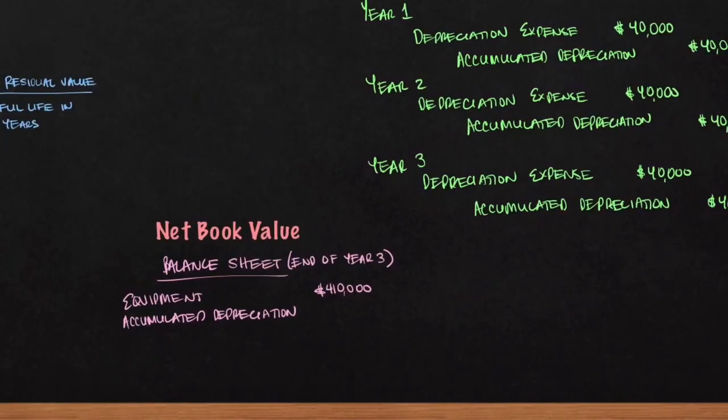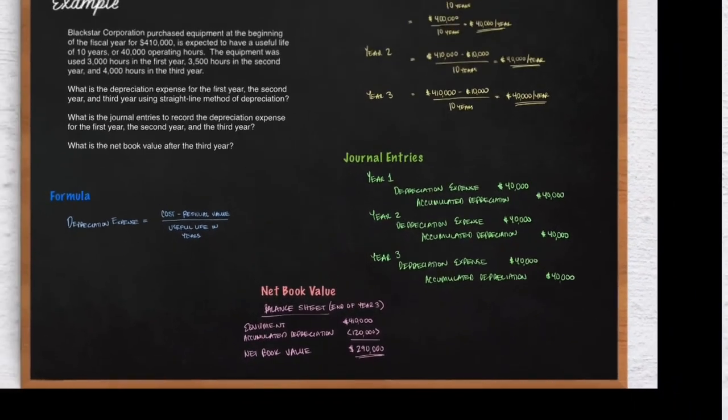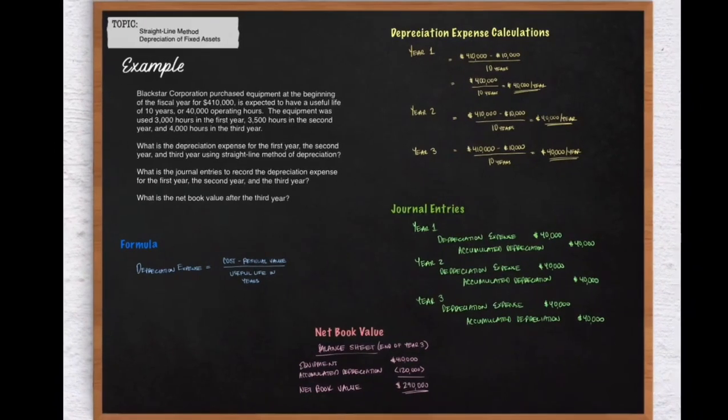In this case, it's going to be a subtraction of $120,000. And then finally, you will have your net book value after you take the difference between the two values, $410,000 and the $120,000. This will give you $290,000, a value you'll need when you decide to sell or discard the asset.